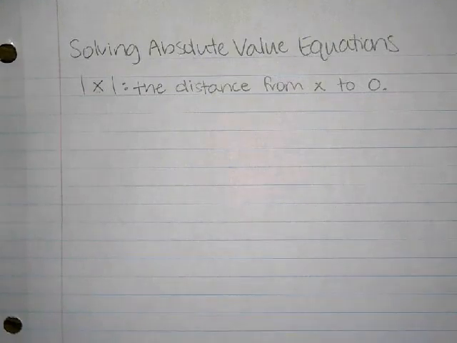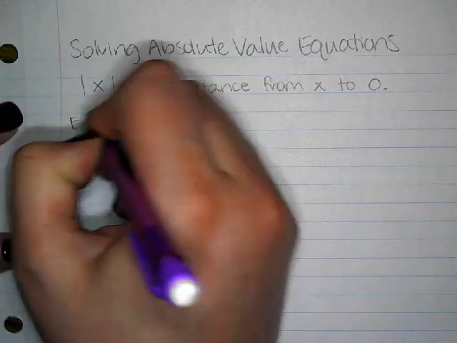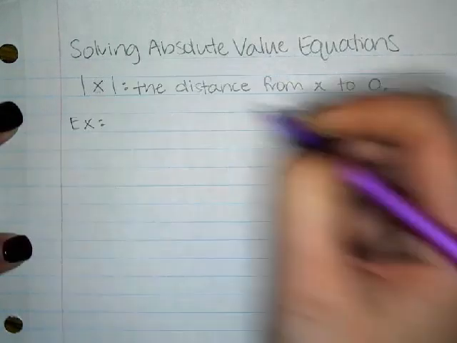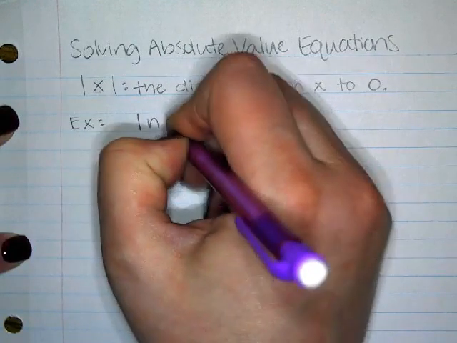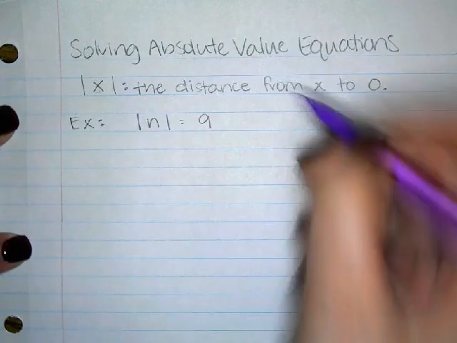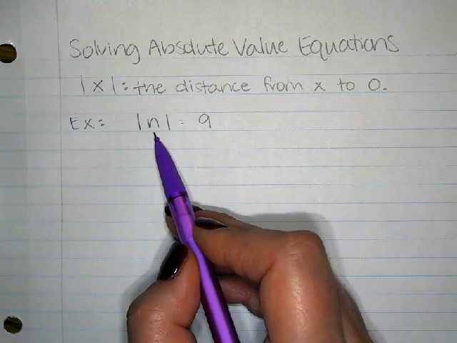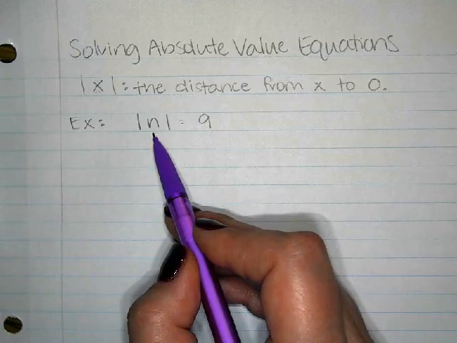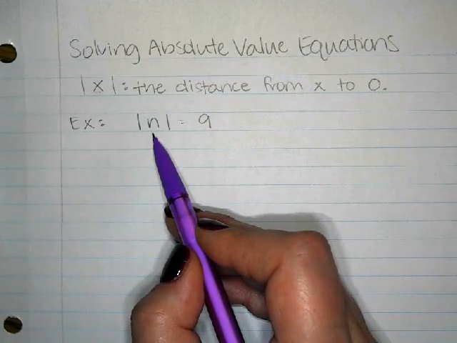All right, so we're going to go ahead and do a few examples so you can see what I mean. For the first example, we're going to keep it pretty easy. We're going to say the absolute value of n equals 9. So what could the number be if its distance away from 0 was 9?